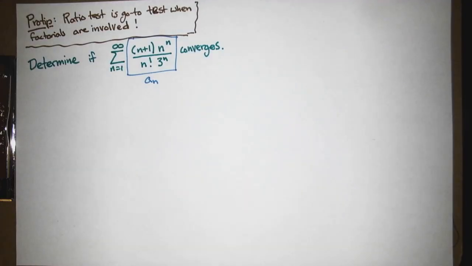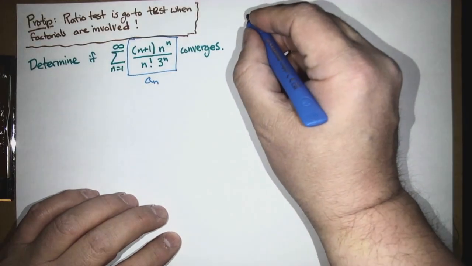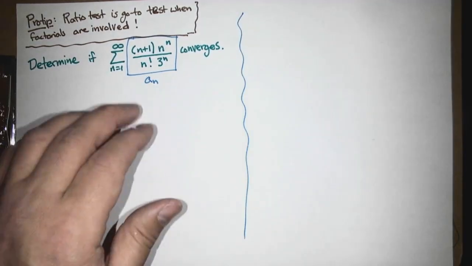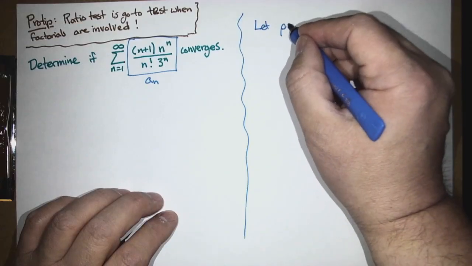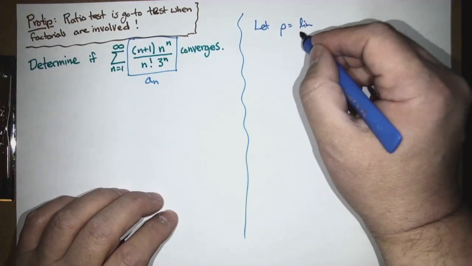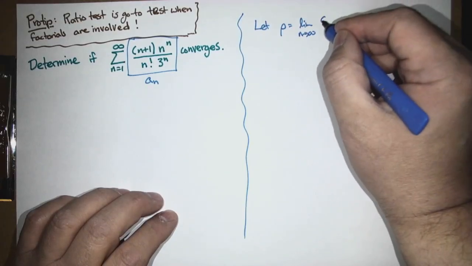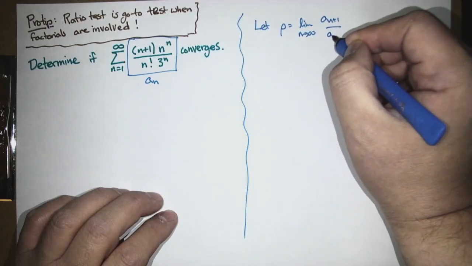So let's look at the ratio. Most of this test is just computing, and then we get to make a conclusion. So rho is the limit as n goes to infinity of a n plus 1 over a n.